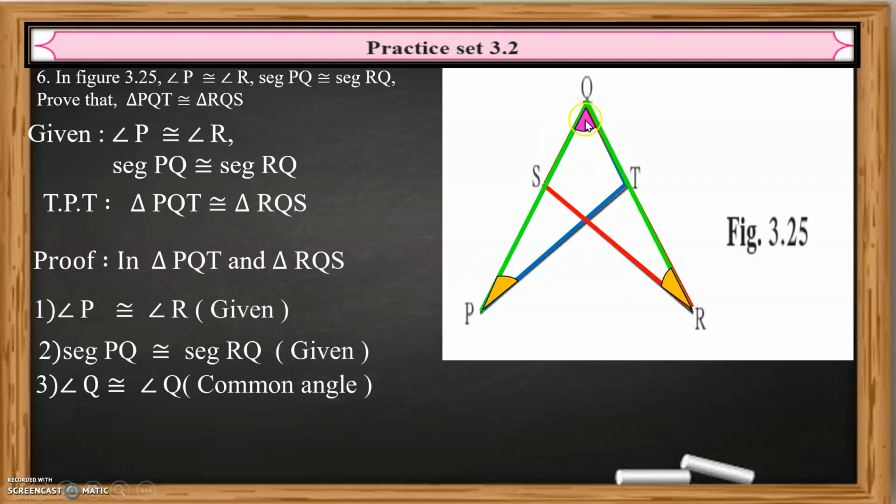Now in the blue triangle, the yellow angle, the green side and the pink angle are congruent to the yellow angle, green side and the pink angle in the red triangle. That means the two triangles will be congruent by A, S and A test. So let's write the final statement, that is triangle PQT congruent to triangle RQS by the ASA test.